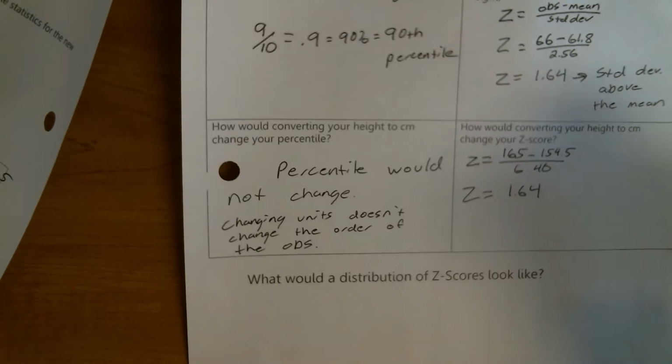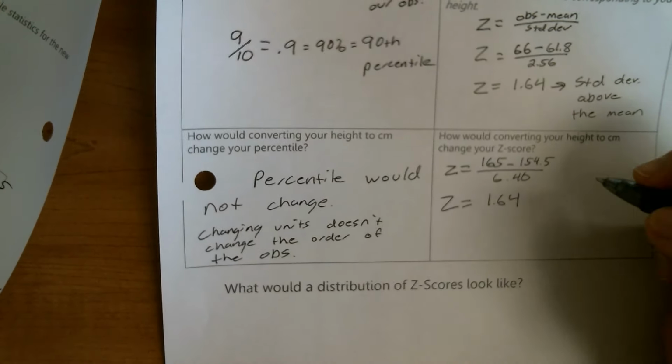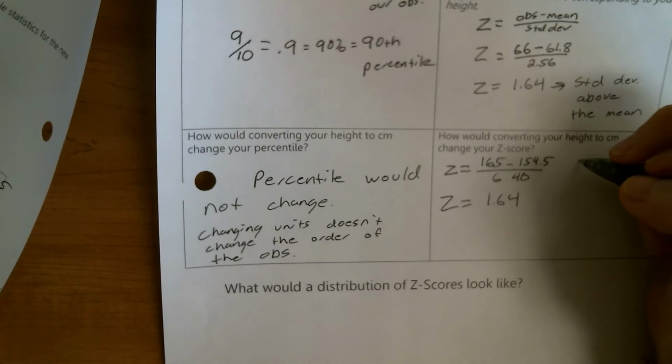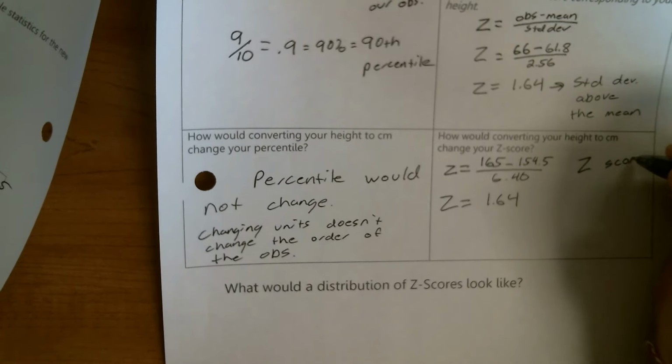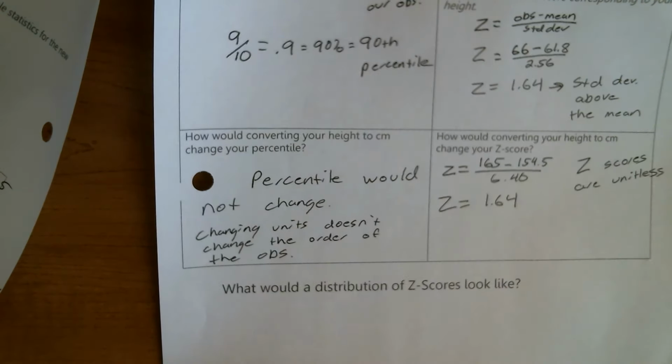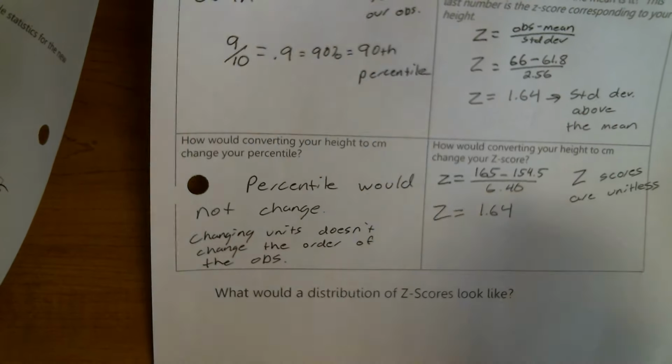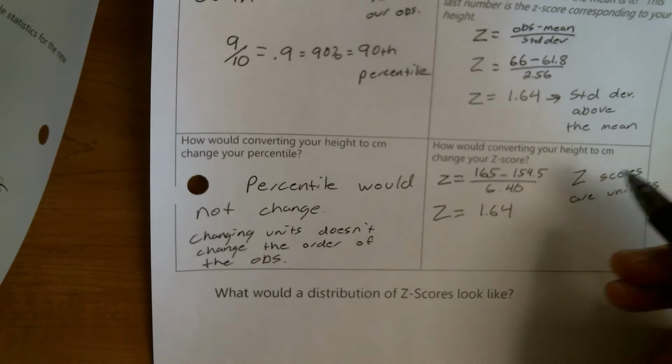The reason we should have expected that is because we said from the beginning, z-scores are unitless. They don't care what the unit is. So by changing from inches to centimeters, it doesn't change how far above or below the mean we are, because the z-score strips away the units.